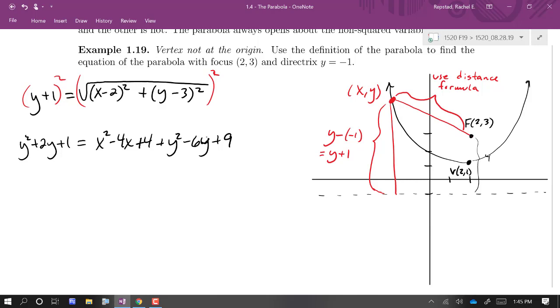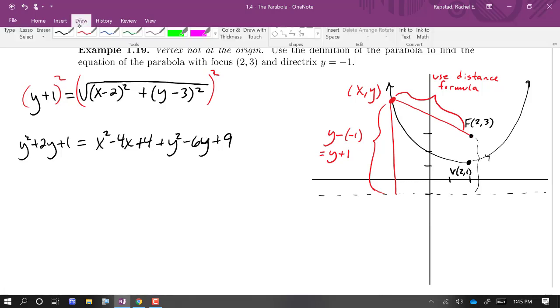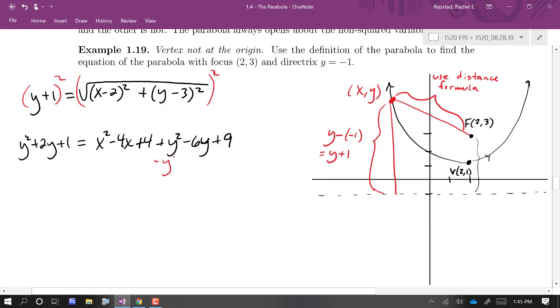And maybe we could just solve this for y. It's obviously a function, y is a function of x, so we could get it in that y equals form. Let's subtract y squared. And maybe I'll get all the x's on the right and all the y's on the left. So I'll add 6y.